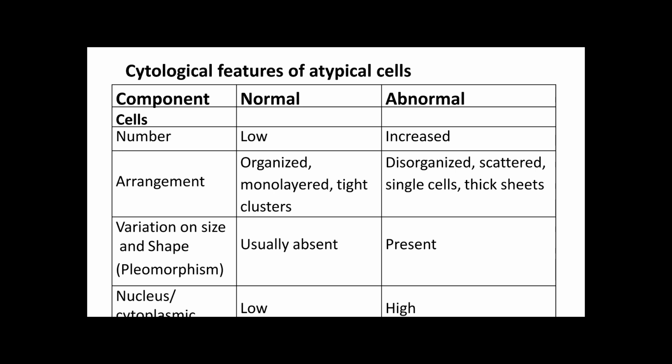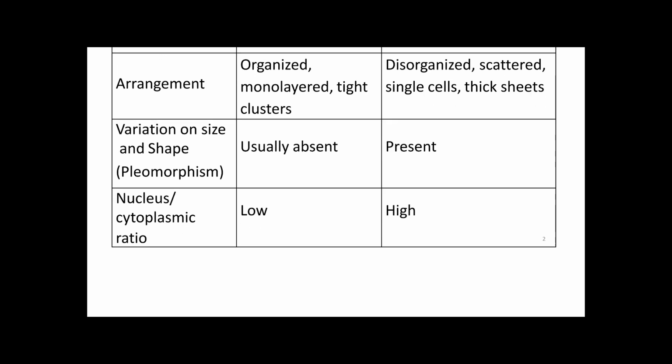Then, when we consider the nuclear and cytoplasmic ratio, in the normal condition it is low. In abnormal conditions, the nuclear and cytoplasmic ratio, normally we call it the NC ratio.